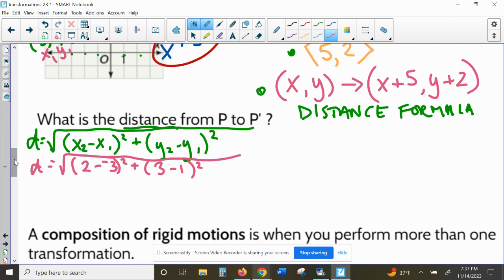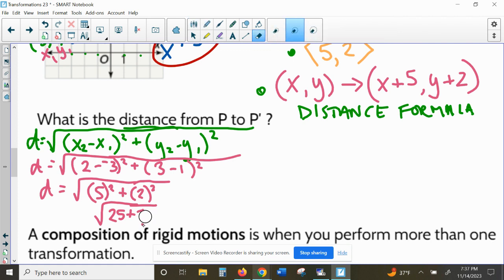Okay, so I've got d is equal to, what do we have in these parentheses? 2 minus negative 3 is 5 squared plus 3 minus 1 is 2 squared. So I've got square root of 25 plus 2. Remember, if you have some negatives, oops, that's a 4, sorry. Let me erase that. That's a 4. 2 times 2 is 4.